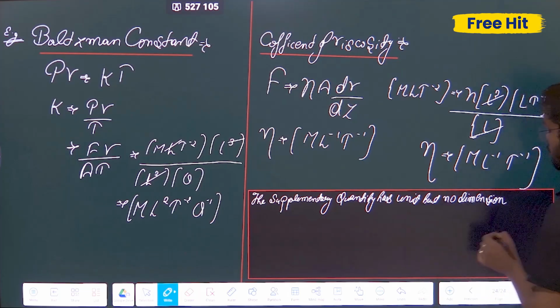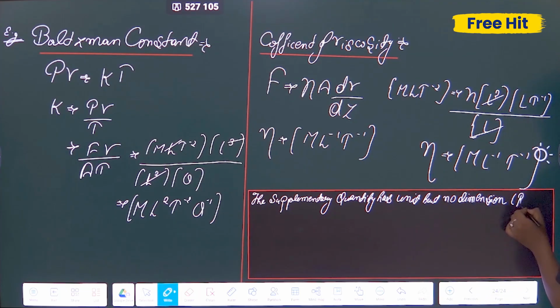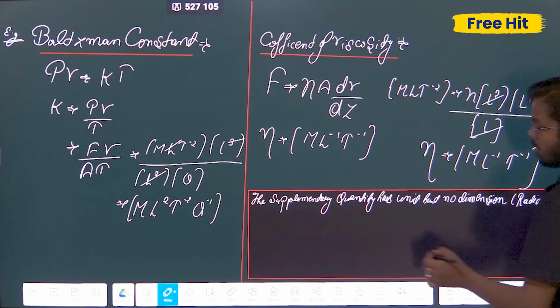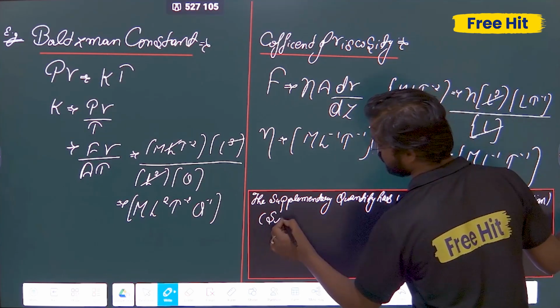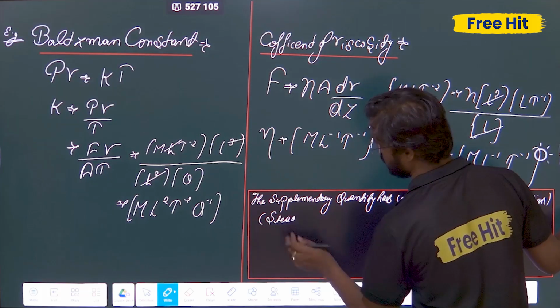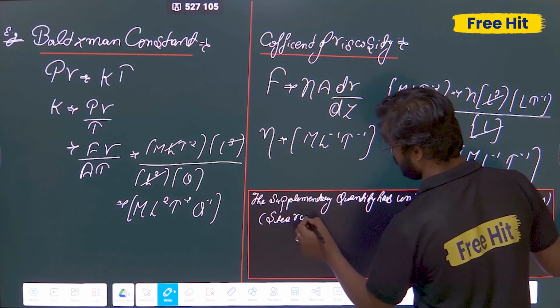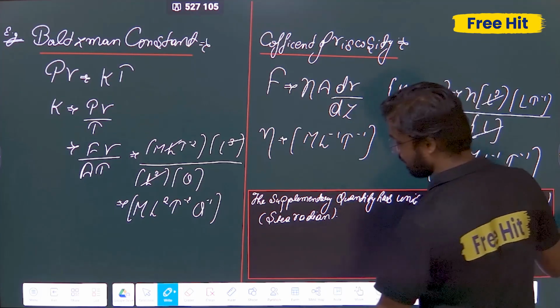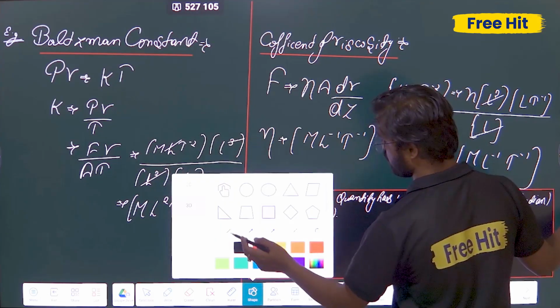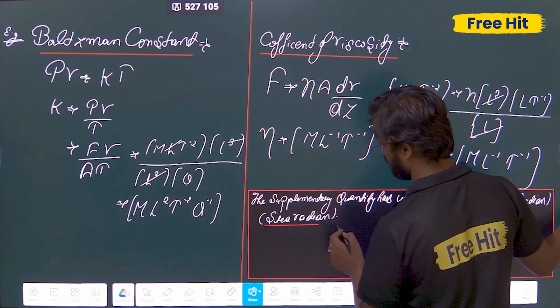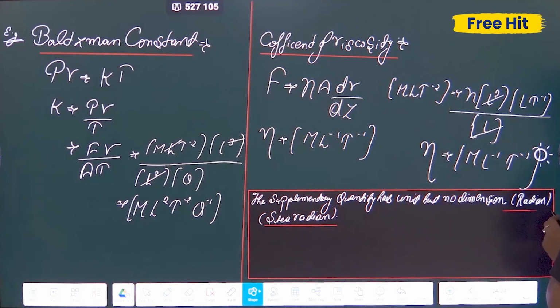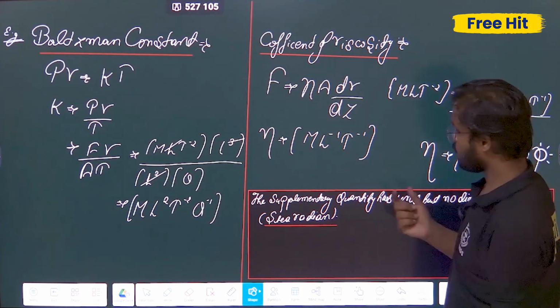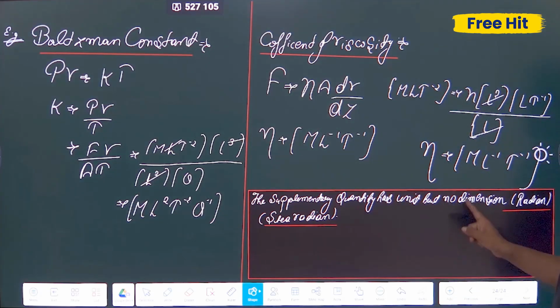What are the supplementary quantities we have seen in the last class? One is radian, and another one is steradian. These two are the quantities which have a unit but no dimension.